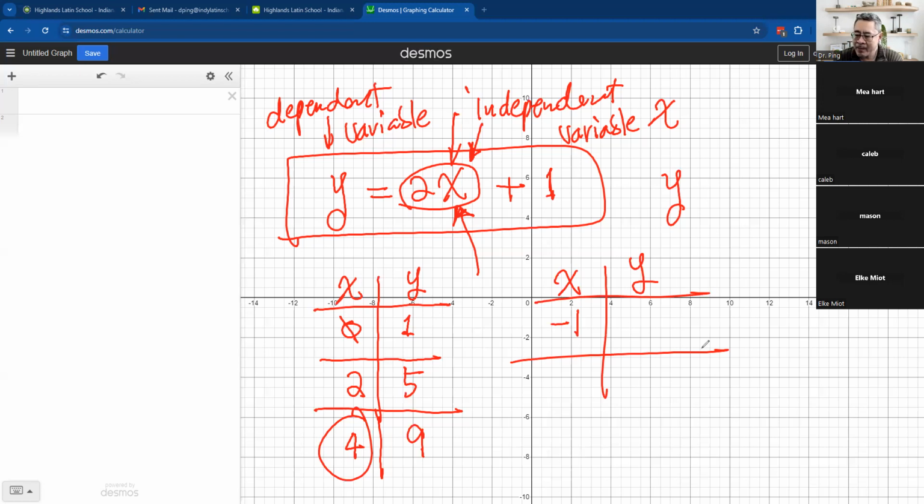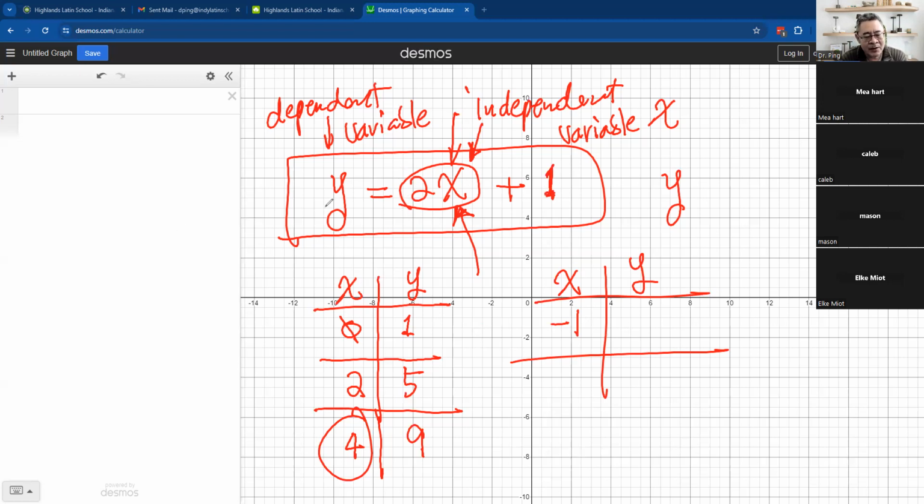Good job, Mia. Okay, if we plug in x = -1, because y = 2x + 1. This is something we call a function.